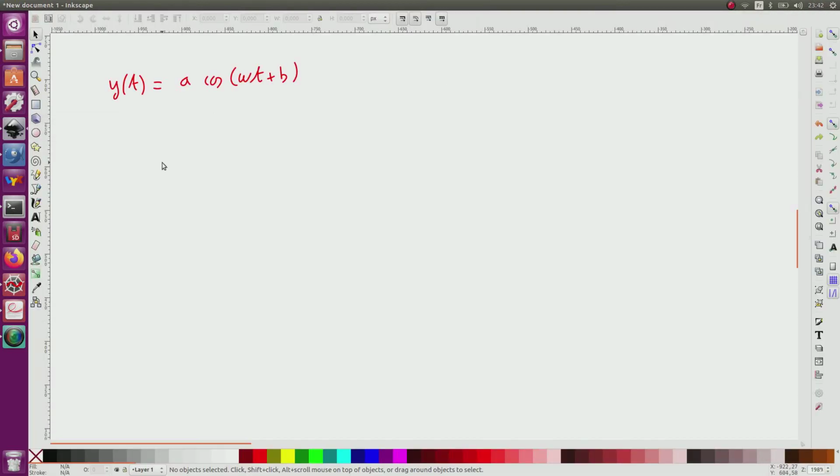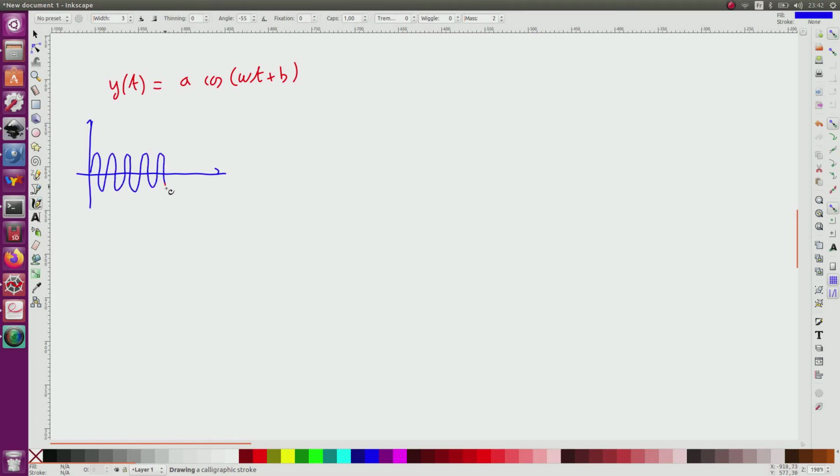Okay, so the signal is like this, and in practice it corresponds to a modulated signal. So when we want to emit a signal, we have a carrier wave which is like this, high frequency with respect to time t, and we want to emit a signal like this, which contains some information.